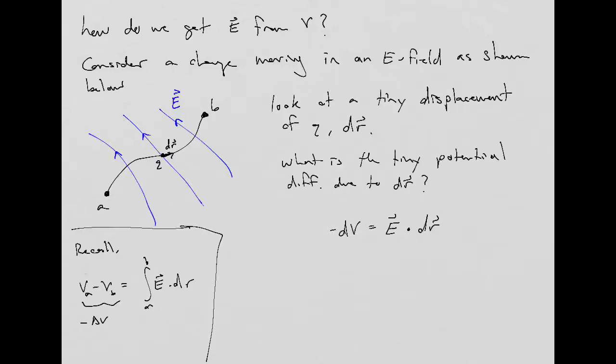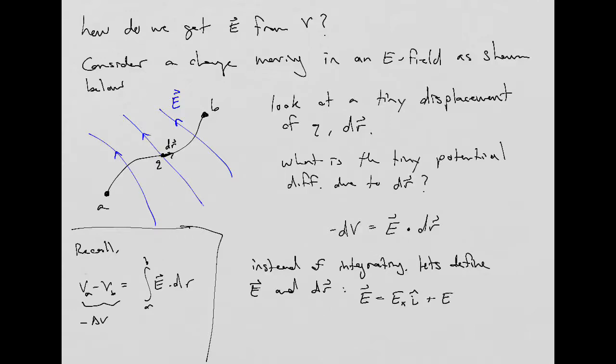So instead of integrating, let's define E and dr. I'm going to make just generic vectors. I'm going to say the electric field vector will have some x component, we'll call it Ex i hat, some y component, Ey j hat, and some z component, Ez k hat.